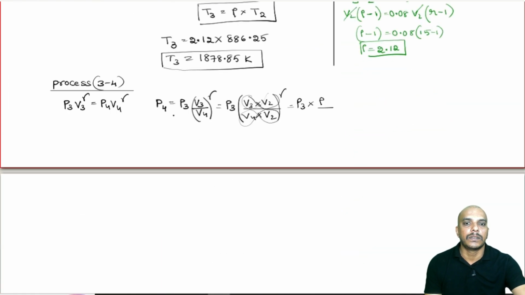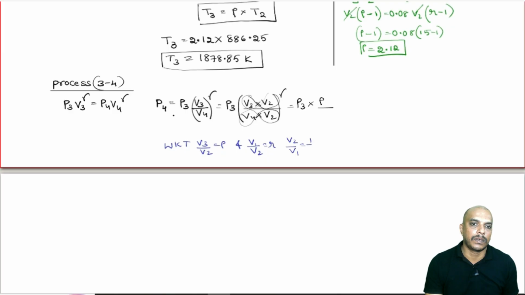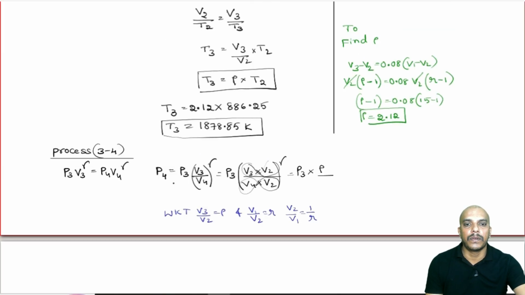All right. So we know that V3 by V2 is equal to rho, and V1 by V2 is equal to R. So we can say that V2 by V1 is equal to 1 by R. V2 is okay, but V1 is what?